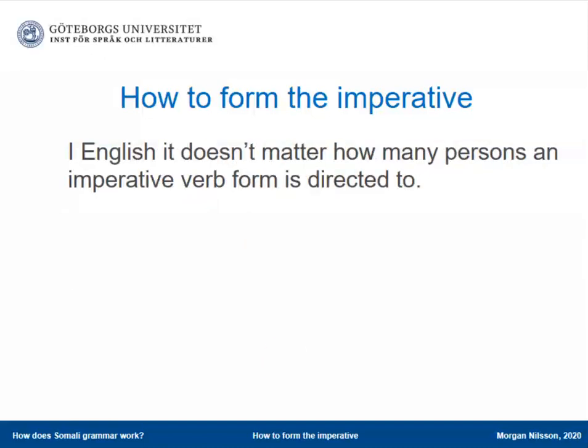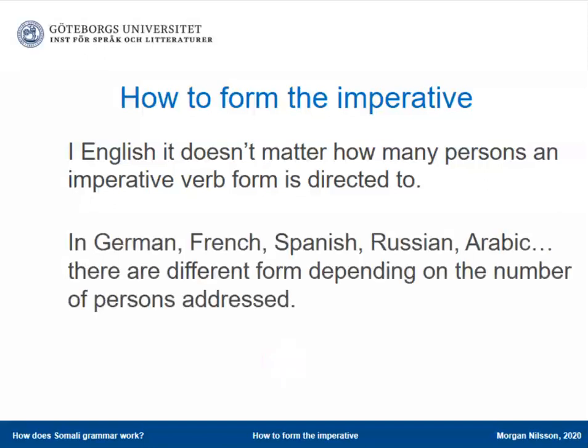And in English it doesn't matter how many persons you want to address or how many persons you want to direct this request or command to. But in many languages you have to make a distinction between an imperative that you want to use addressing one person and an imperative that you want to use addressing several people.